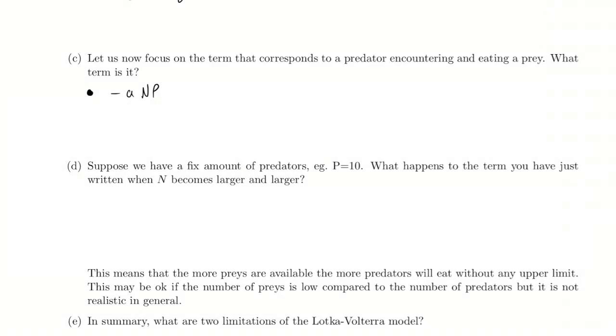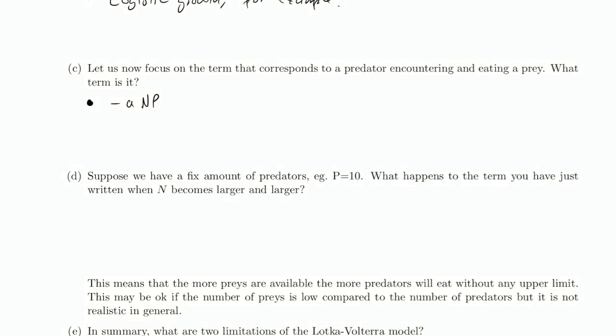How about part D? Suppose we fix a specific amount of predators, for instance p is equal to 10. What happens to the term you have just written when n becomes larger and larger? So let's just use this number in the example.